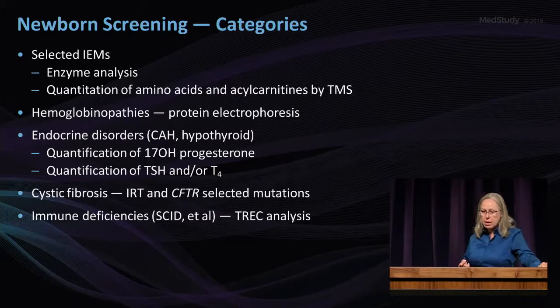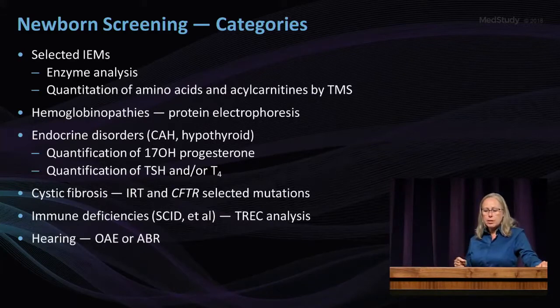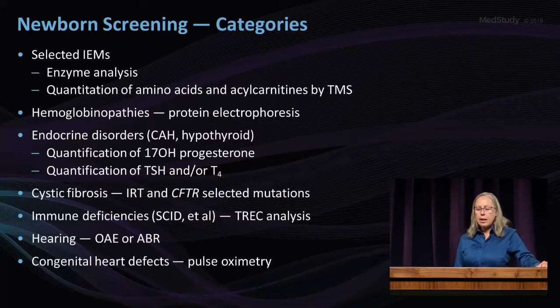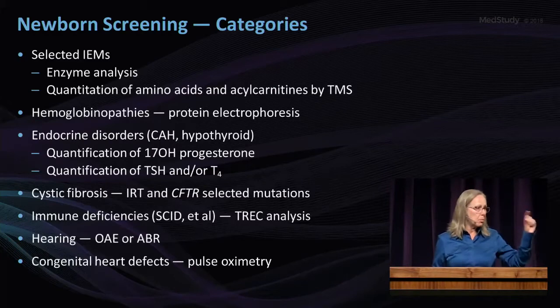Newest on the list are the immune deficiencies, looking for SCID with a TREC analysis, but again, you're going to start picking up some of the 22q deletions. We test for hearing with otoacoustic emissions or brainstem response. And many states have now added congenital heart defects with pulse oximetry. So it's more than just the blood spot card.